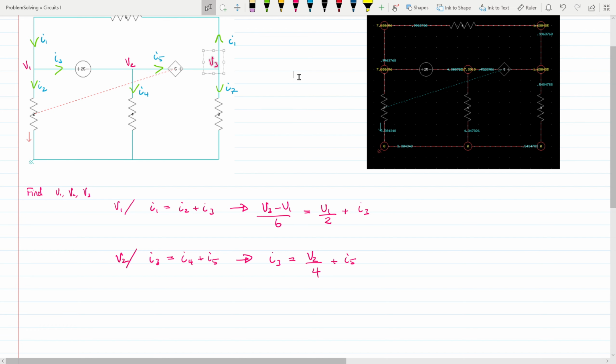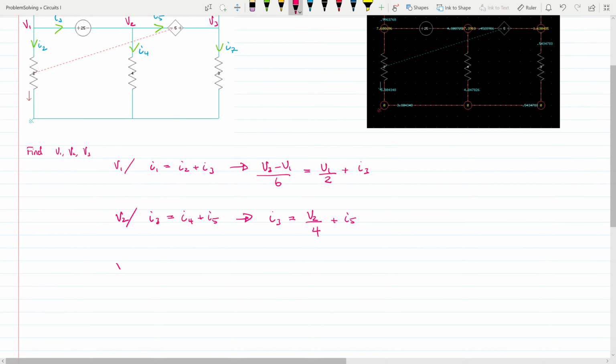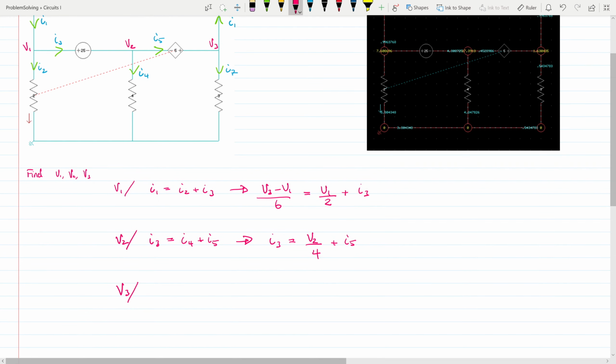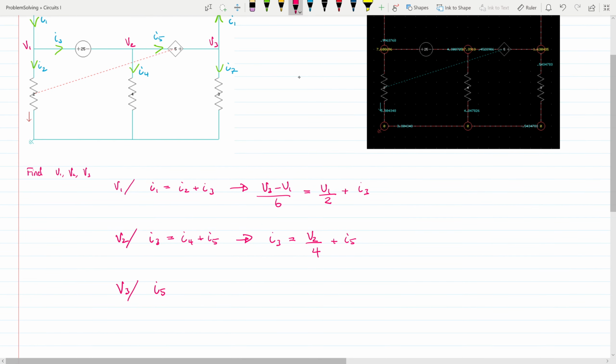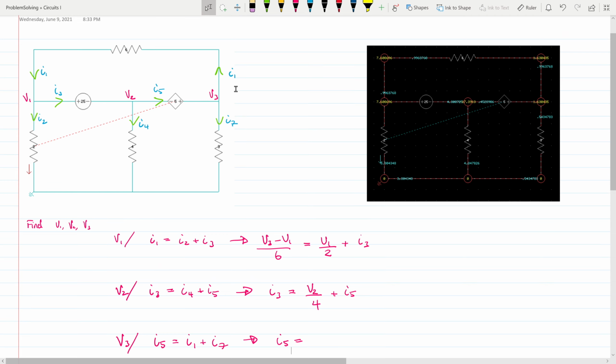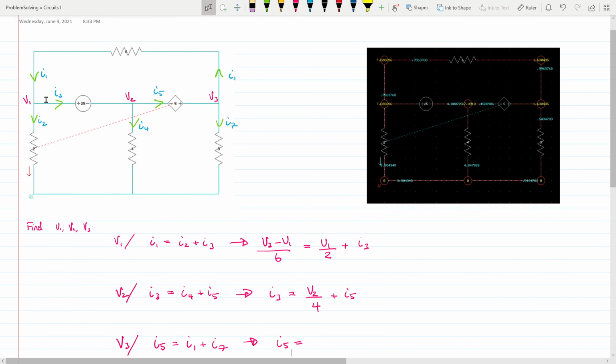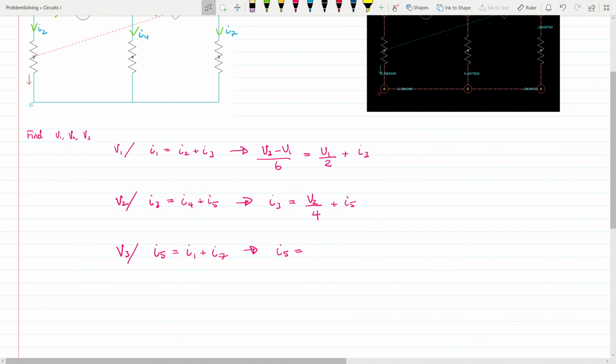So now we move on to V3. With respect to V3, I5 is going into V3, and leaving V3 is the sum of I1 and I7. So I5, we don't know, we'll leave that as is. I1 is V3 minus V1 over 6, which we actually wrote already up here.